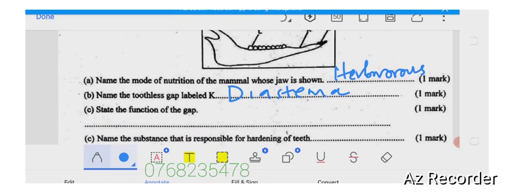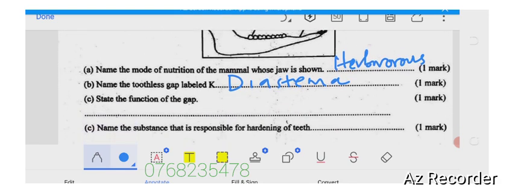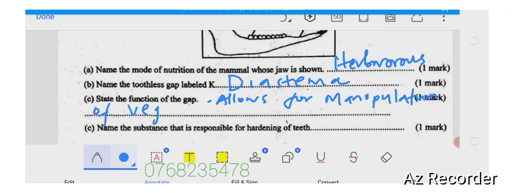Now the function of the gap. The function of the diastema is it allows for manipulation of vegetative materials.